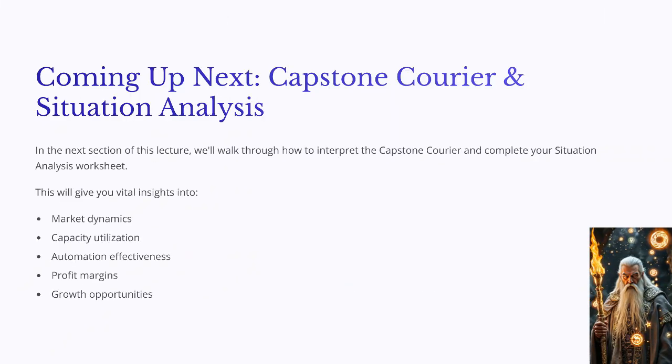Finance module. Lastly, finance. CapSim's golden rule: never end a round with a negative cash position. Doing so triggers an emergency loan, which hurts your credit rating and increases interest expenses. To fund expansion, e.g., adding capacity or automation, use long-term debt, good for plant investments.